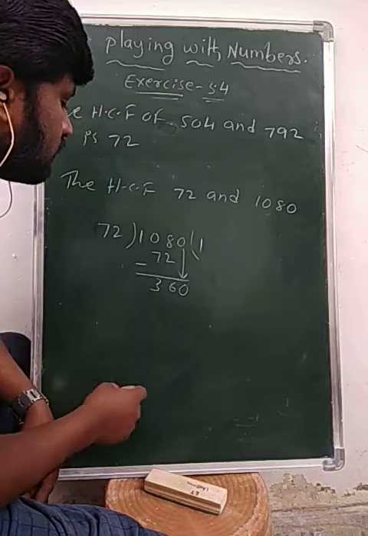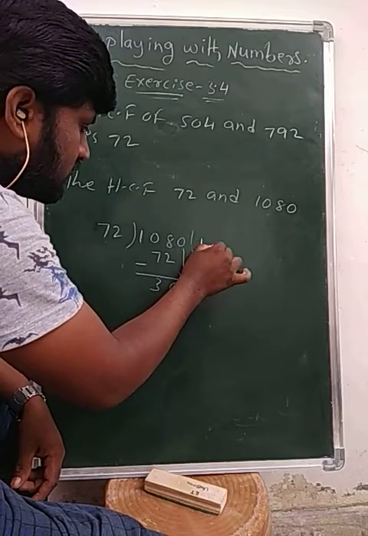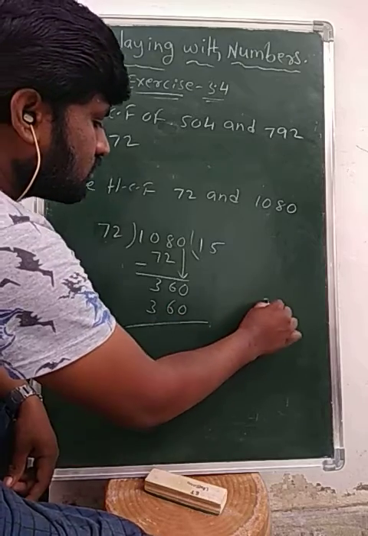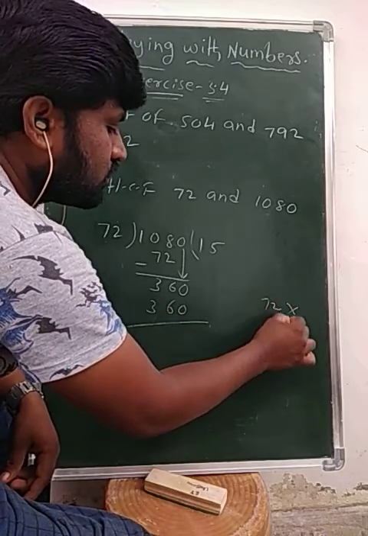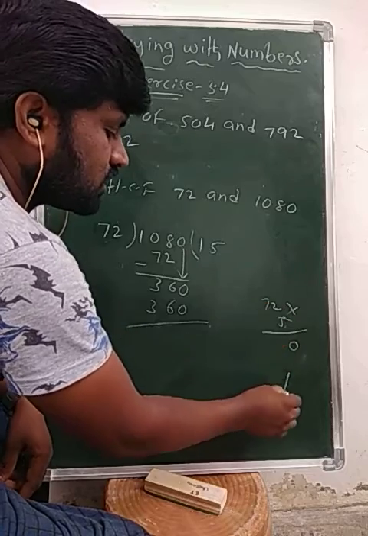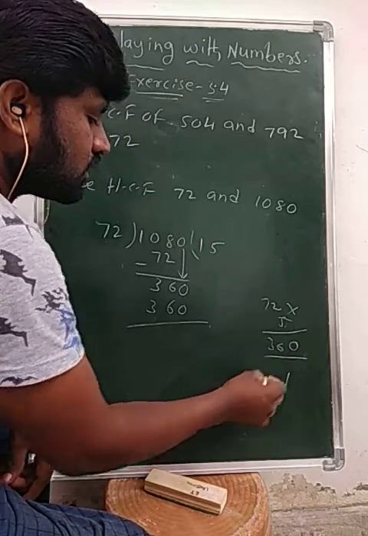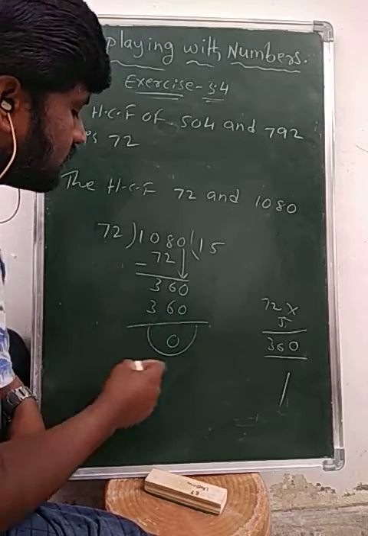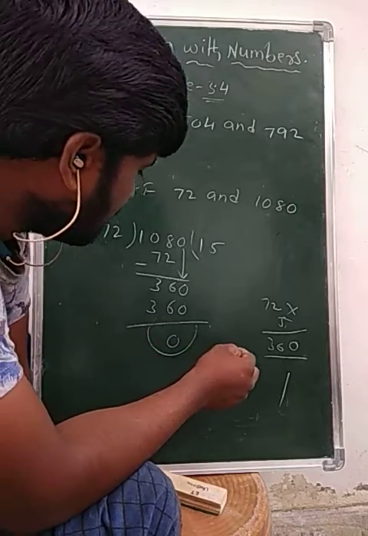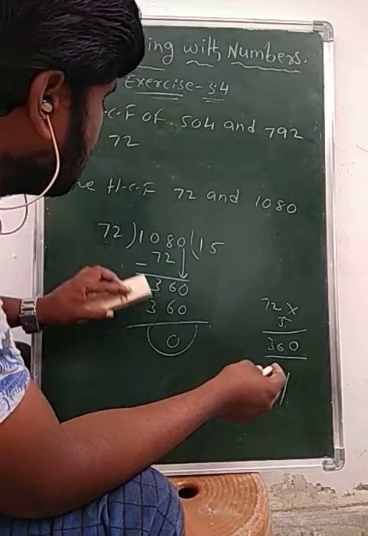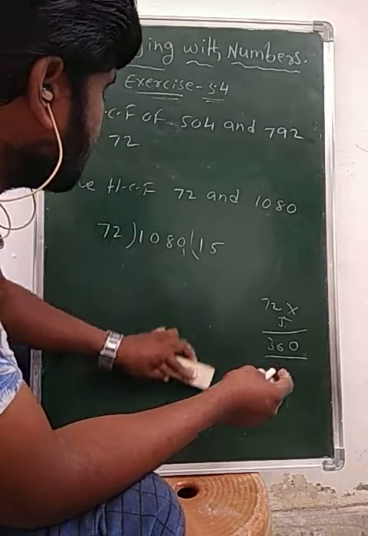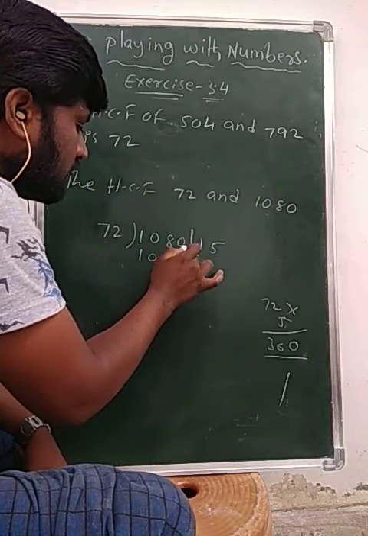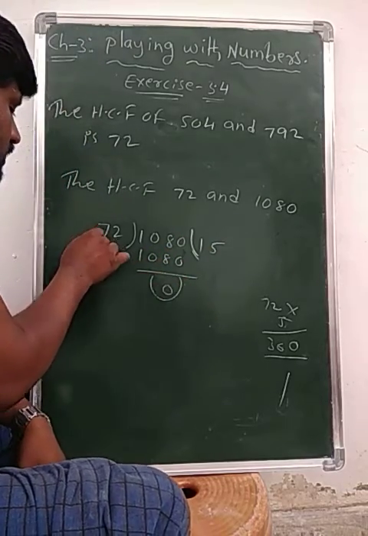Carry down 0. 72 fives are 360: 5 twos are 10, 5 sevens are 35, plus 1 is 36. So 72 fives are 360. Clearly, we can write 72 fifteens are directly 1080. So this is the last divisor.